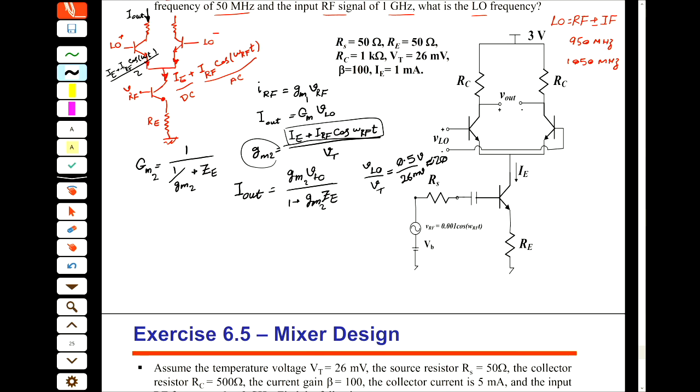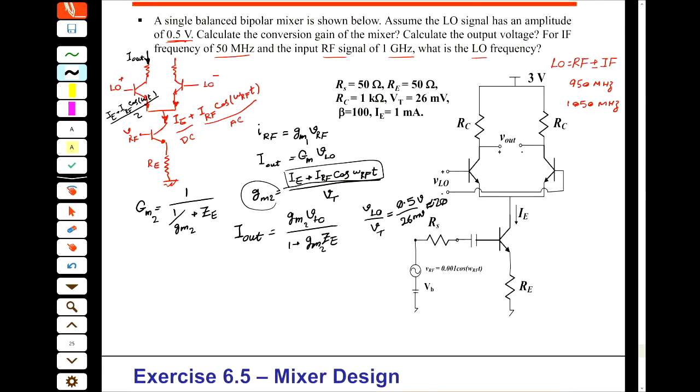GM2 depends on time in this case, because in the equation you have IRF cosine omega RF times t, in the equation of GM2. It means a small GM. How does this big GM2 come? Yes.